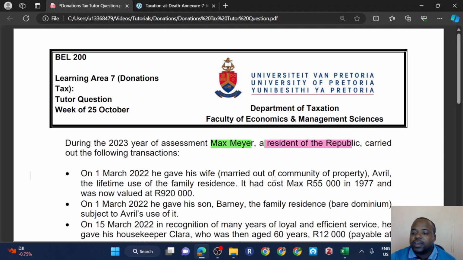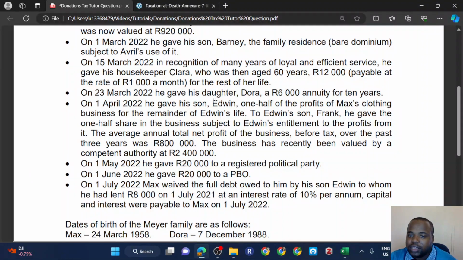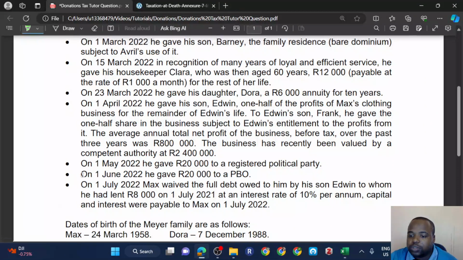So if someone is a non-resident, then they will not trigger donations tax, because donations tax is only paid by people who are South African residents. So it's very important that you determine the residency of the taxpayer you are dealing with. He carried out the following transactions, and then we'll read these bullet points as we do the solution.